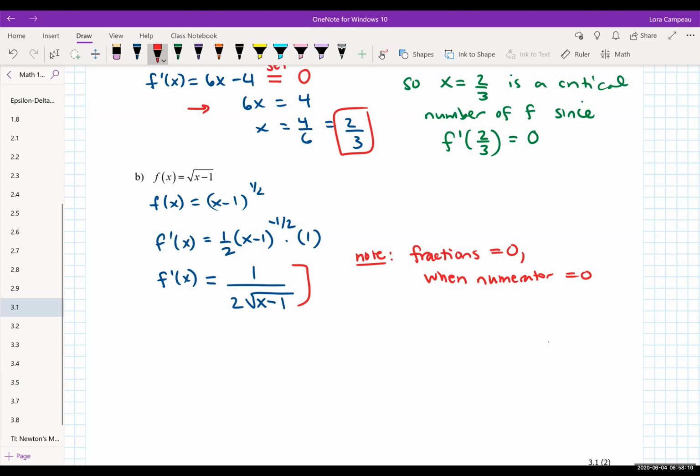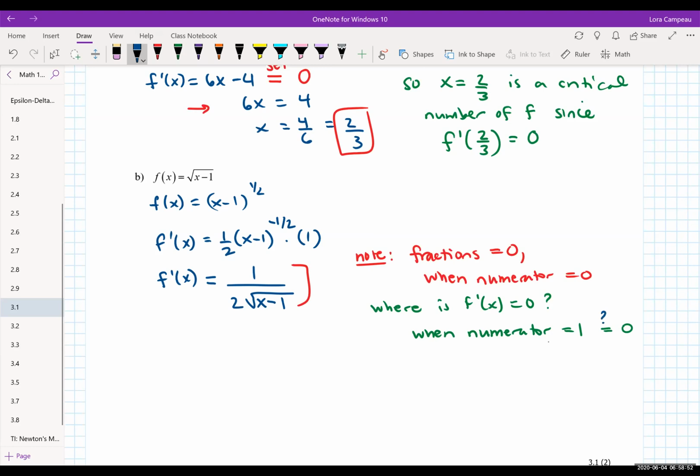So you'll be fine. So what I'm looking for, the first thing I could kind of ask myself, where is f prime x equal to 0? That's kind of what I'm talking to myself in my mind. And I'm asking, well, if the numerator is equal to 0, what's the numerator? In our case, the numerator, which is equal to 1, equals 0.